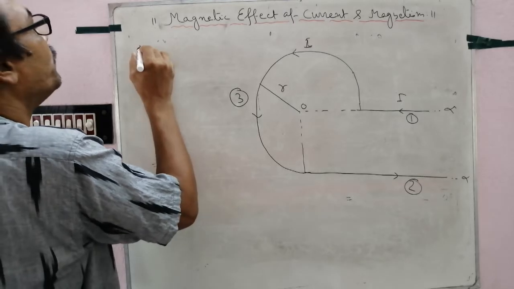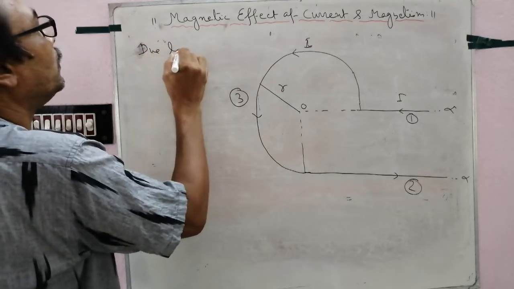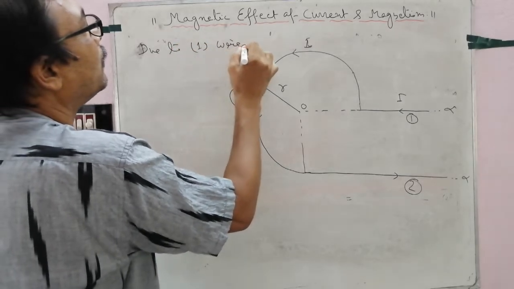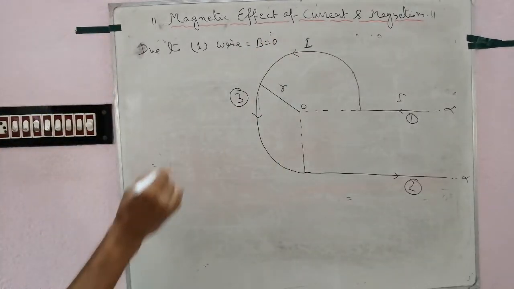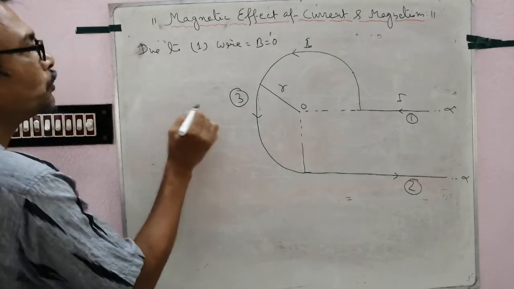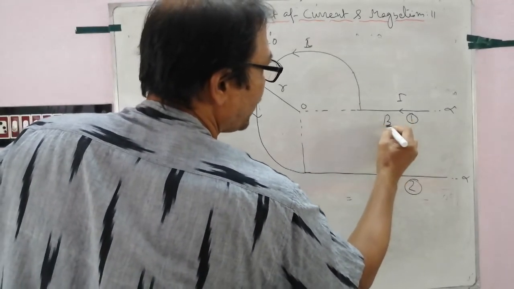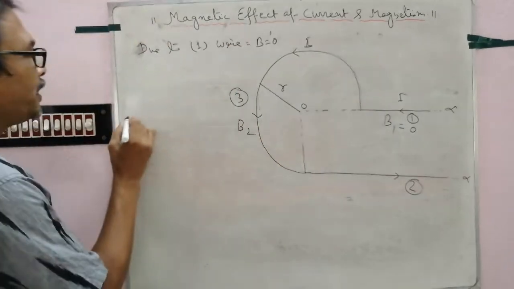So due to one wire, B equals nil, B1 equals 0, and due to the circular loop, consider B2.